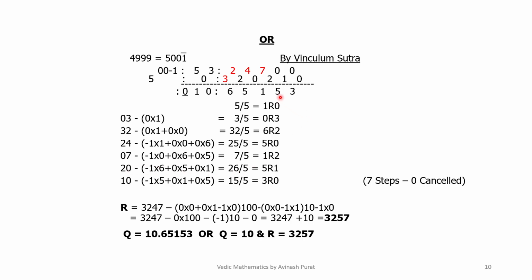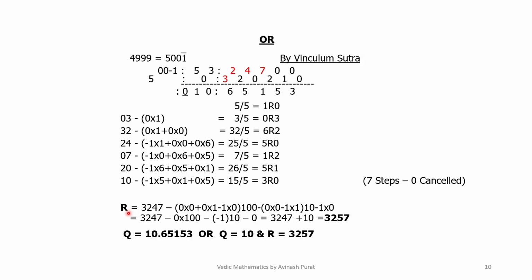So 5 is quotient and 1 is remainder. So 10 is the remainder minus 1 into 5 plus 0 into 1 plus 0 into 5, that is 10 plus 5, 15 divided by 5 equal to 3 and remainder 0. Here there are 7 steps and none is cancelled.